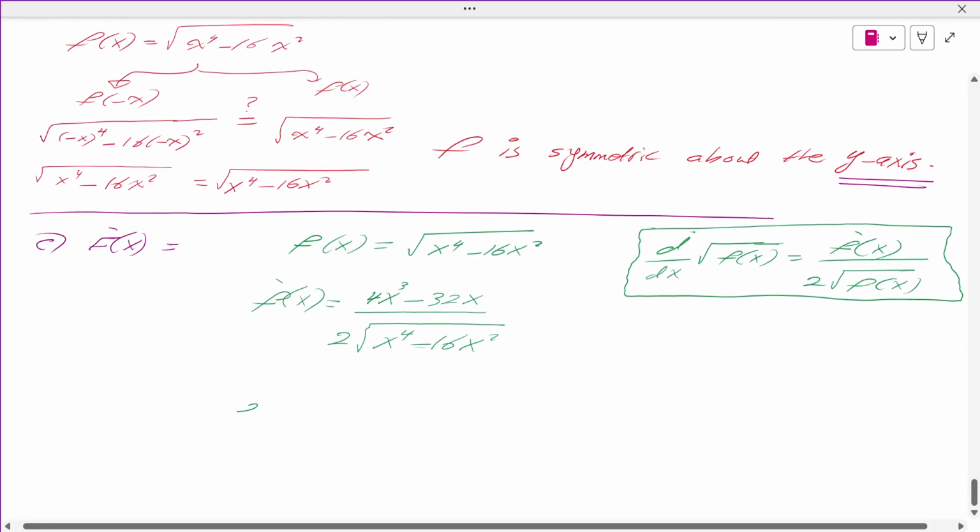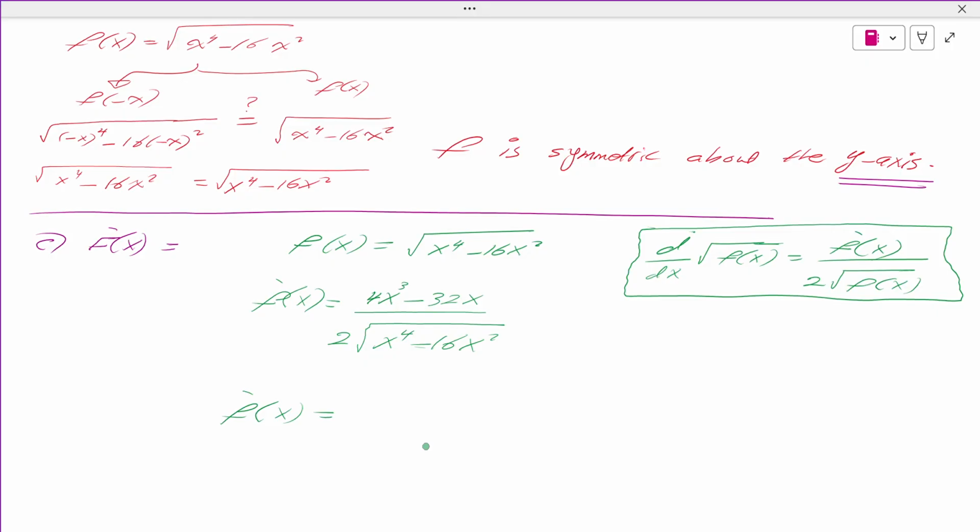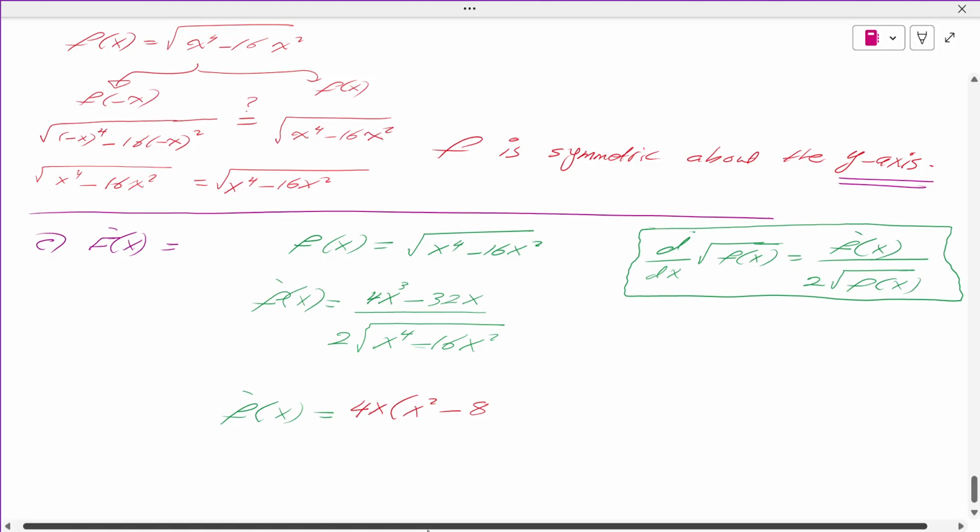Okay, f prime of x. The two terms on the numerator, what do they have in common? They have in common 4x. So what happens if we factor out 4x? We will have x squared minus 8. Is it 8? 4x times 8 will be 32x. Yes, minus 8, right?